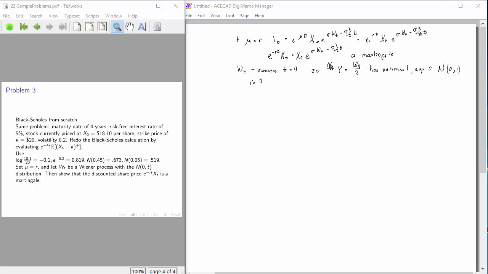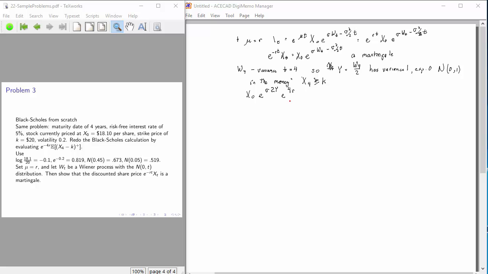To be in the money, we need this quantity X4, the price after 4 years, to be greater than or equal to K. In other words, X0 times e to the sigma times W sub t, which is now turned into 2 times y, times e to the 4r.